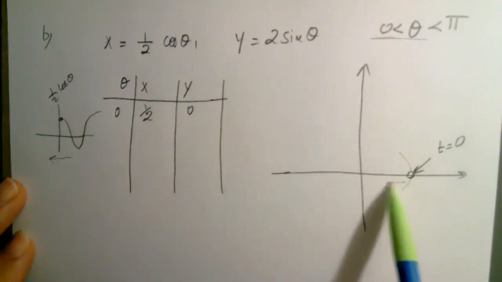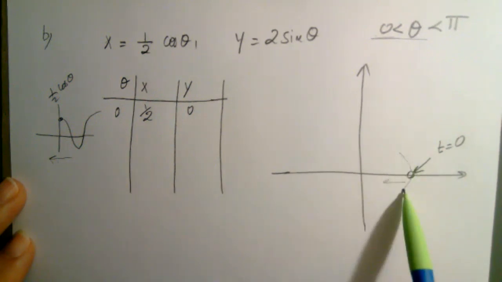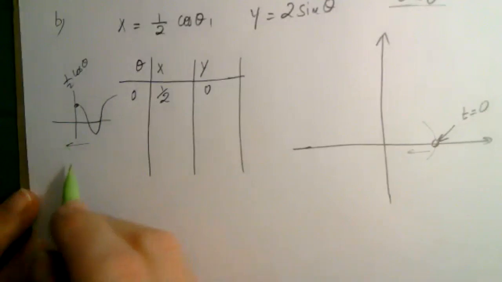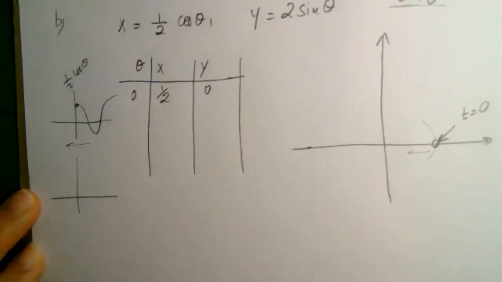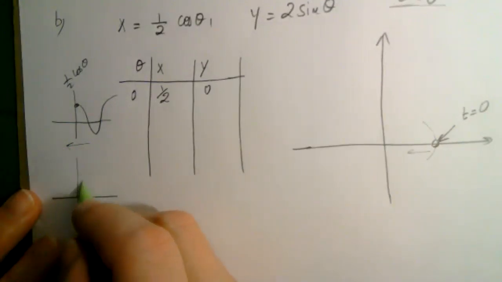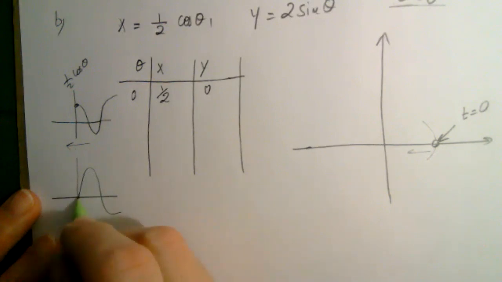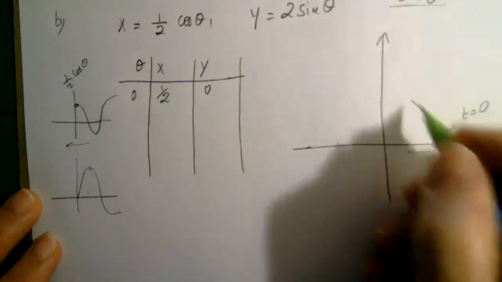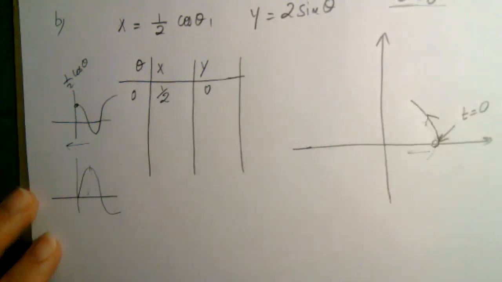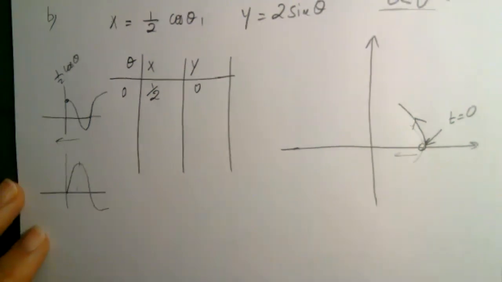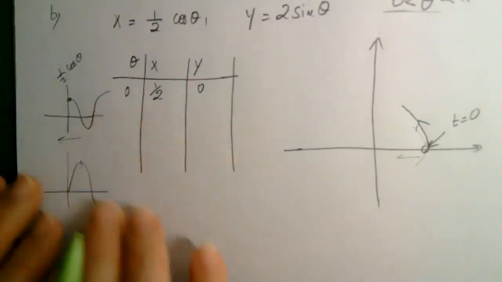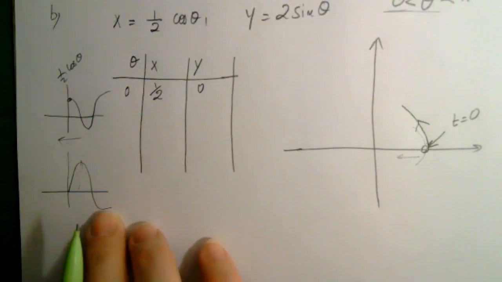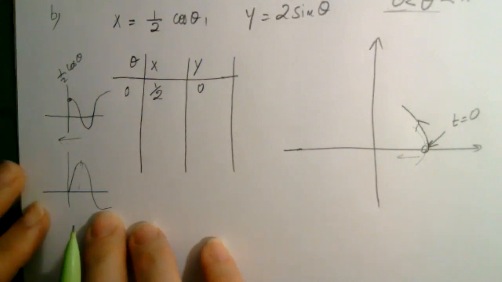So I know that I'm moving this way, but I don't know if I'm moving up or down. So I go to my y, and this is 2 sine theta. My y is increasing. If y is increasing, it means we should be moving this way. Okay, so absolutely counterclockwise.